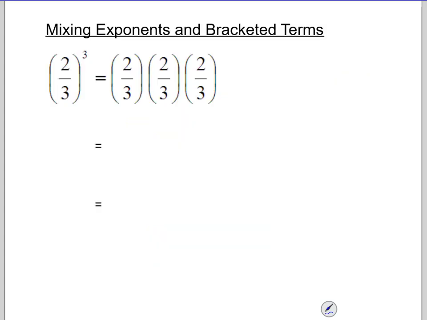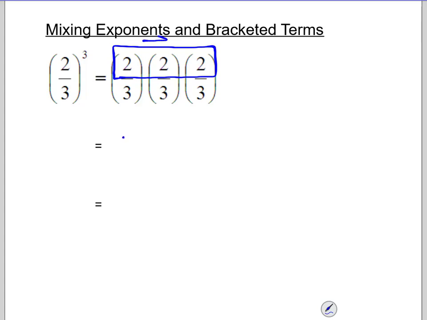Now, if we mix exponents and bracketed terms, sometimes fractions, sometimes other things, this can be a little visually intimidating, but please look at what we have here. We have the fraction 2/3 all to the exponent 3. That's just 3 of that bracket multiplied together. If you focus on just the top piece right here, because we've reviewed our fraction rules, we know we can multiply across the top.